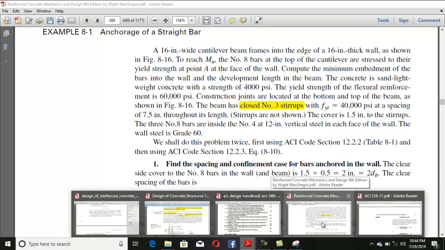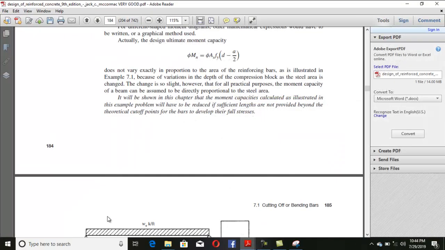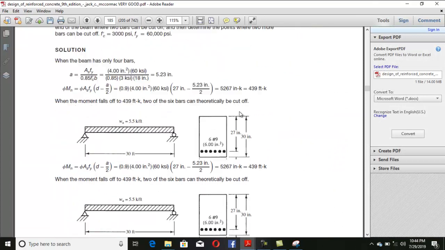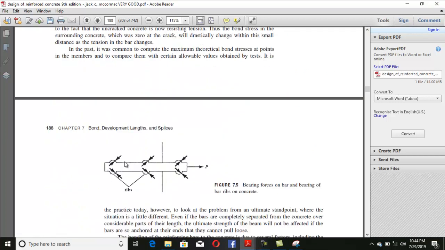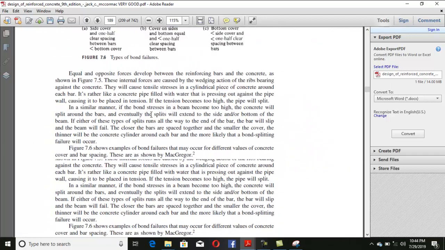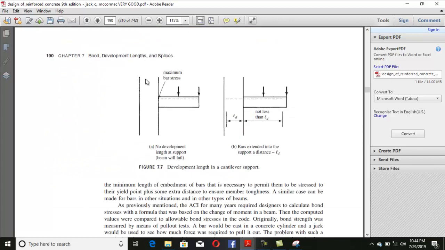And if we go to the MacCormac book, in this equation you will see what development length is, with the criteria, all in detail, the same as in the two books. What is development length? This is the definition of development length.